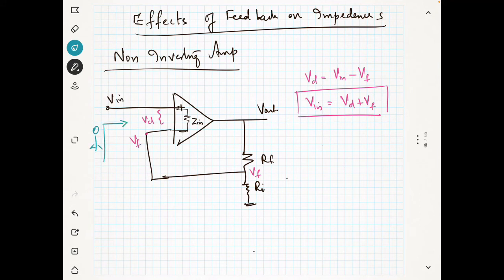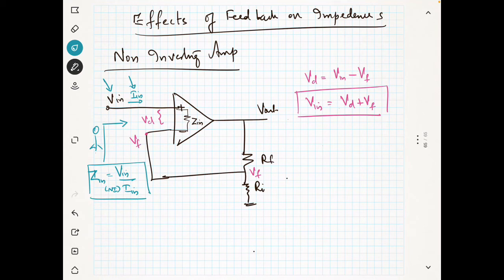If you observe from this side, you can measure the current going inside. So what is my Zin or Rin? You can say Zin for the non-inverting amplifier is nothing but, you have applied a voltage Vin and you are getting a current Iin. That means Zin by definition is nothing but Vin by Iin.